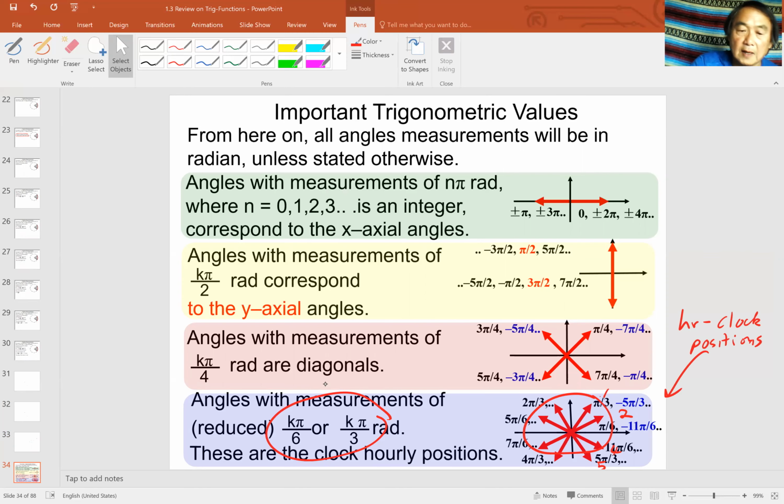And then you have the pi over 6 related angles, pi over 3 or pi over 6. And these are the hourly clock positions. So when you see pi over 6 or pi over 3 angles, they are basically pointing at 1 o'clock, 2 o'clock, 4 o'clock, 5 o'clock, etc.